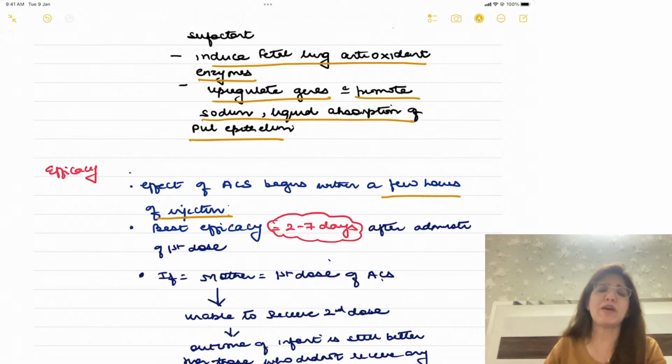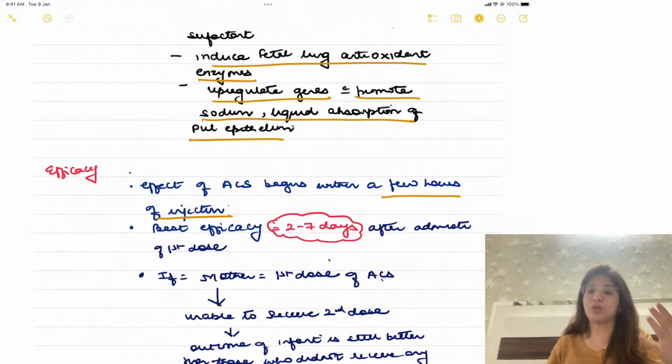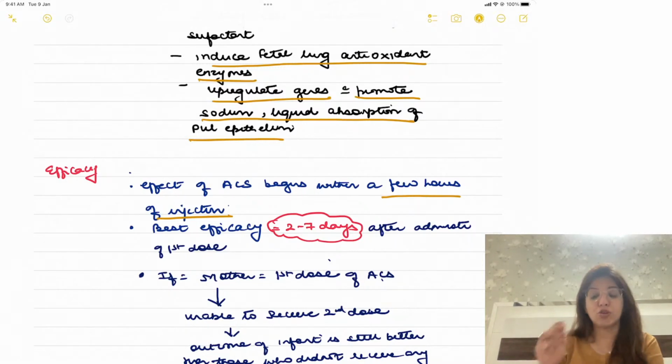But maximum efficacy or best efficacy is seen between 2 to 7 days after administration of the first dose. So although some effect will be seen within few hours, best results are going to be seen 2 to 7 days after the first dose.